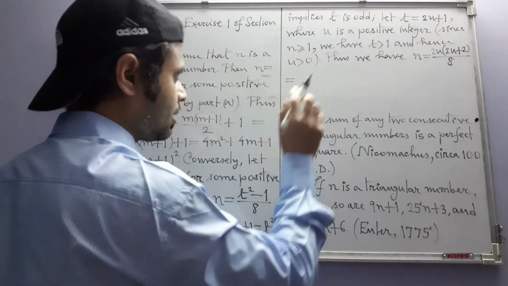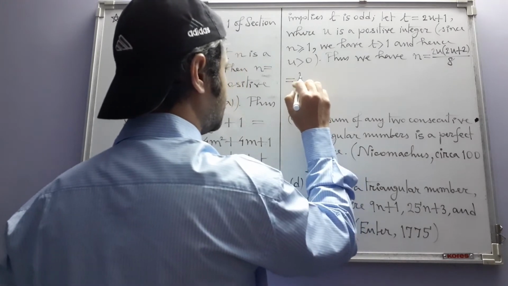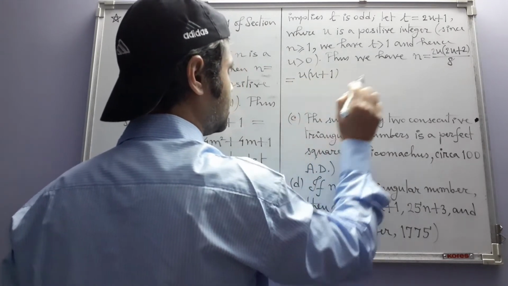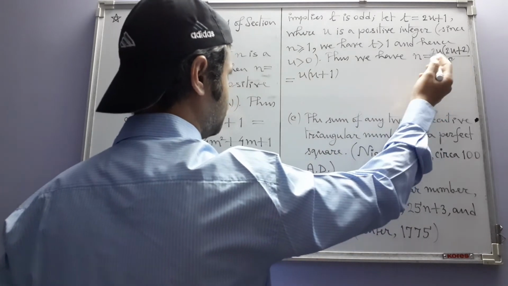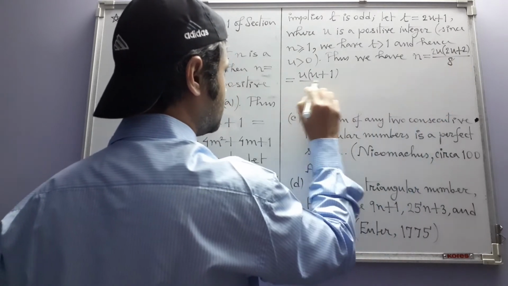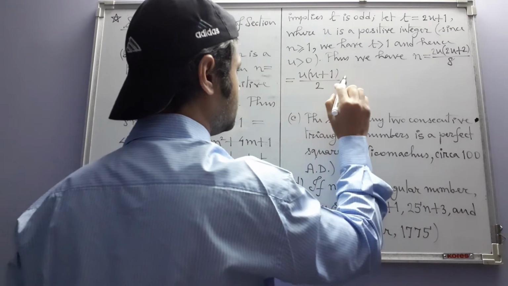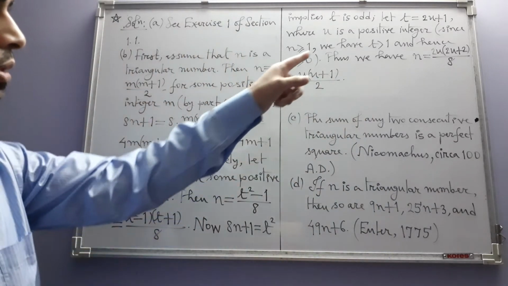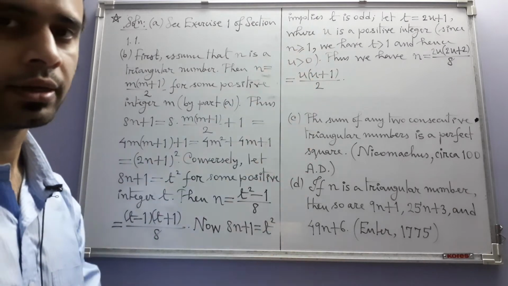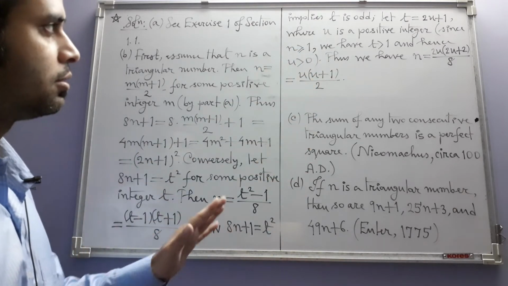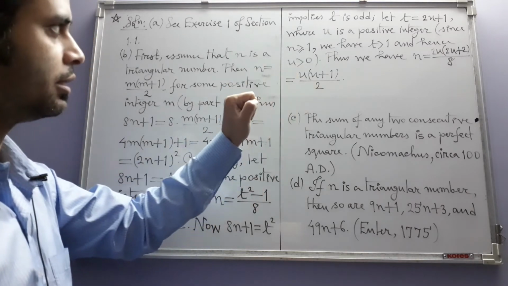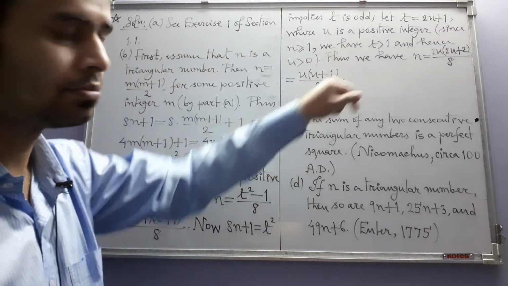Simplifying this, after cancellation, we get u times u plus 1 divided by 2, 4 is there in the numerator, so we get this. Now n has the form of a triangular number, but that is not enough. u should be a positive integer, and that's what we have here.